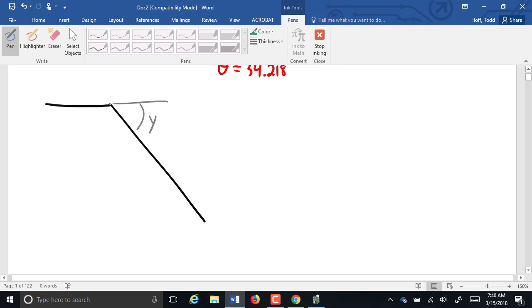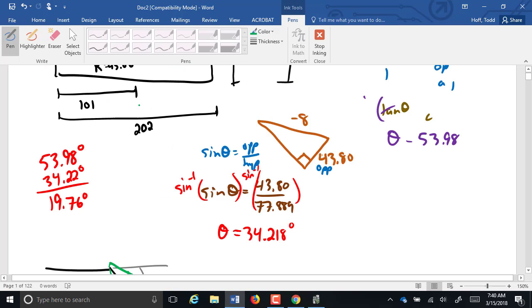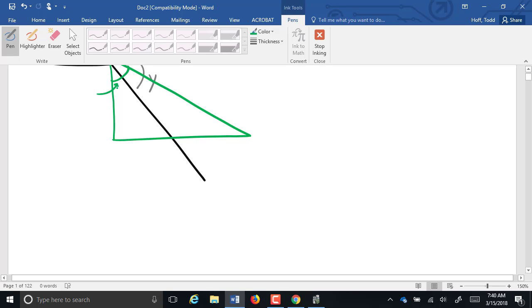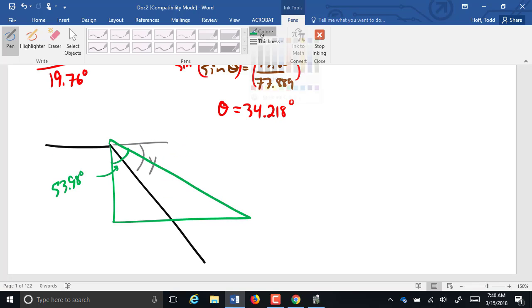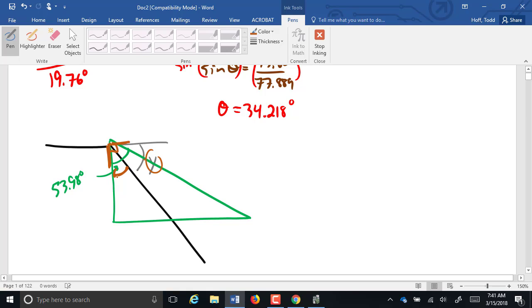I found a triangle that looks something like this, right? This angle was that 53.98. Well, that includes part of y. If I looked at this right here as being a right angle, y is the complement of this angle right here. If I knew that angle there in brown, I could just subtract it from 90 to get y. Does that make sense?